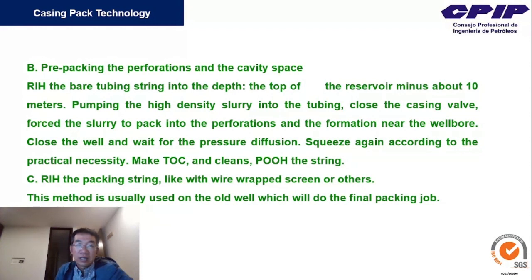Close the well and wait for the pressure diffusion. Squeeze again according to practical necessity. Make TOC and cleanse. Pull out of the string. Run in hole the packing string, like wellwrap screen or others.